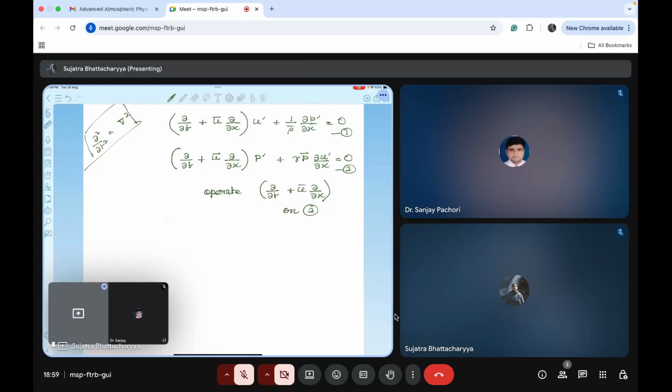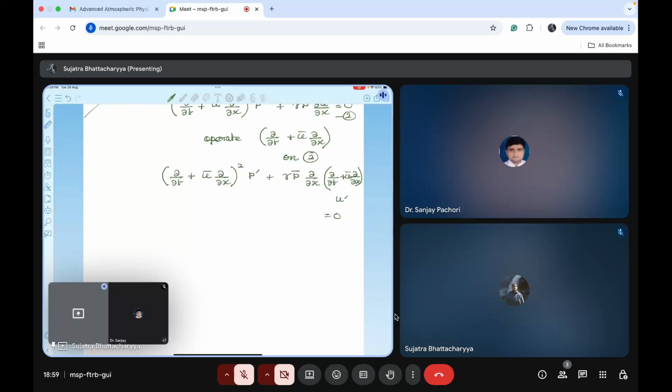So what will happen? If I operate this, we get del T plus U bar del X whole square P dash plus gamma P bar, all are some kind of constant. Del X you can keep in this. Can I write this, U bar del X, into U dash, that is equal to 0?